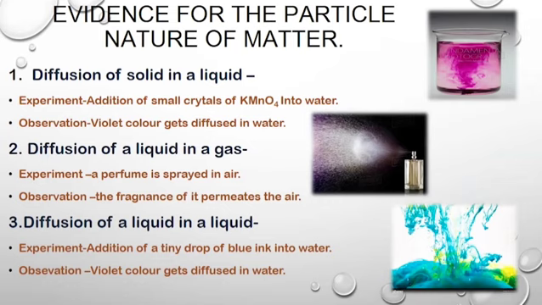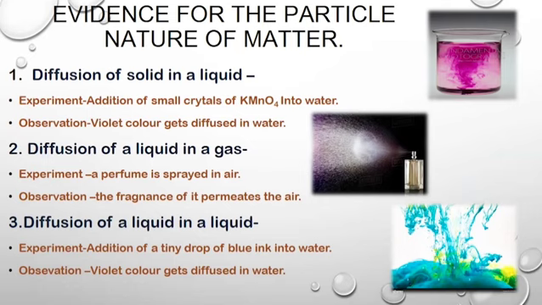Alright, as I mentioned before, matter consists of particles. You guys may have a question, how can we say that? So there are some evidences of the particle nature of matter. In the first example, you can see the violet color gets diffused in the water. This happens because they contain particles.